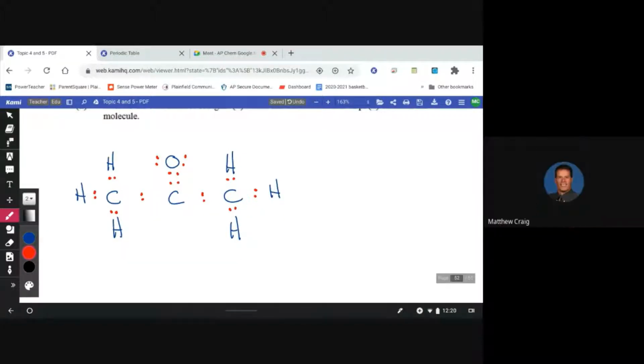You follow the formal charges, and hopefully you drew it so it looks something like this. That is what I did, Mr. Craig. Attaboy. So there should be 2 shared pairs and 2 lone pairs on the oxygen, and of course, all the carbons have 4 shared pairs, no lone pairs.